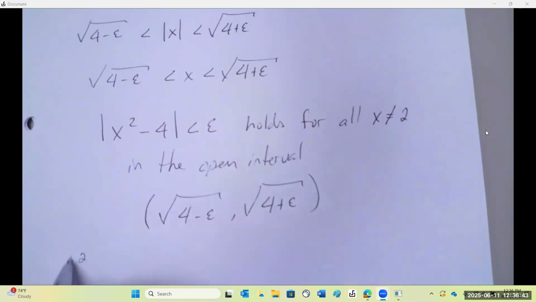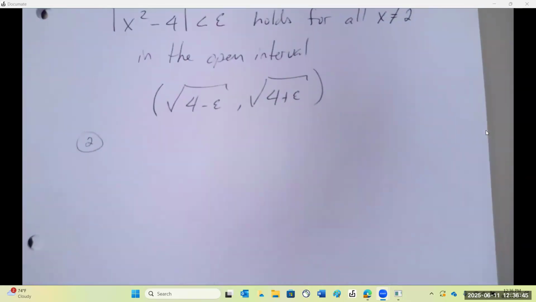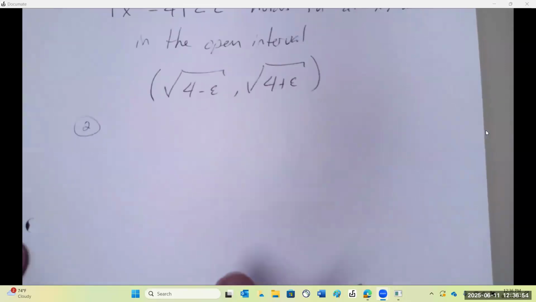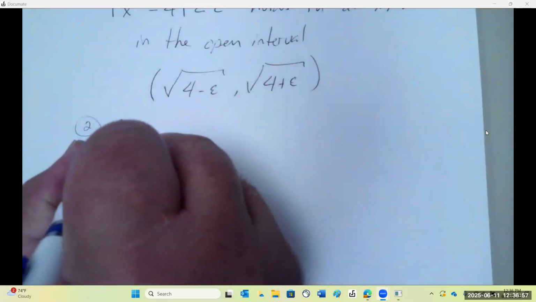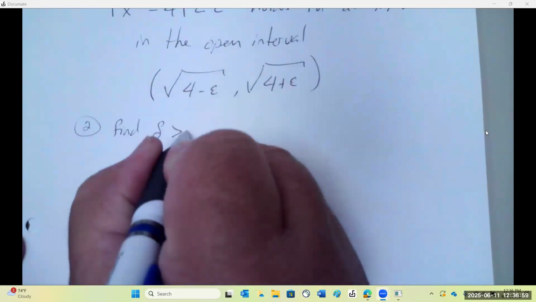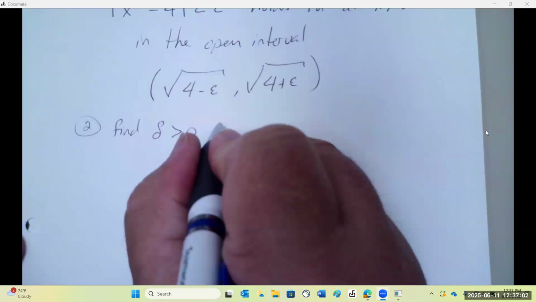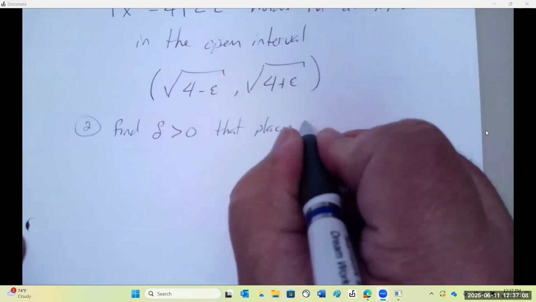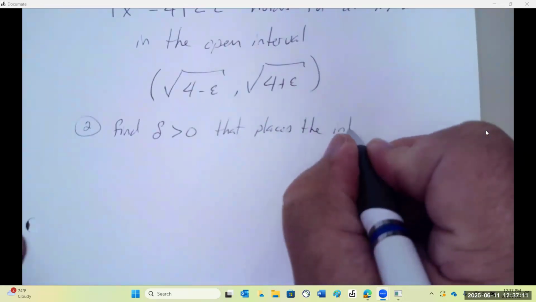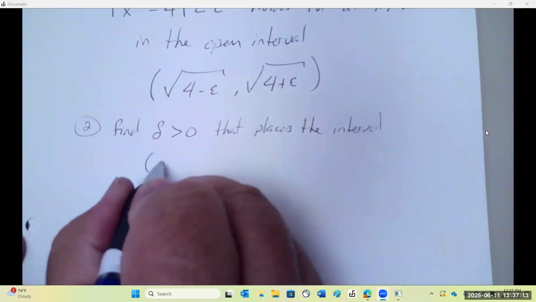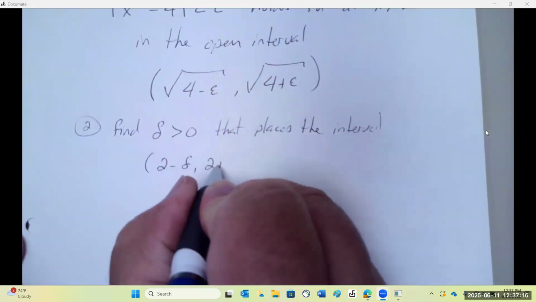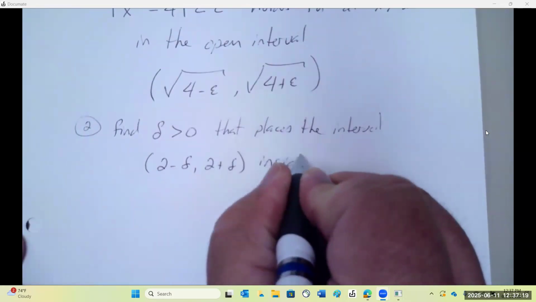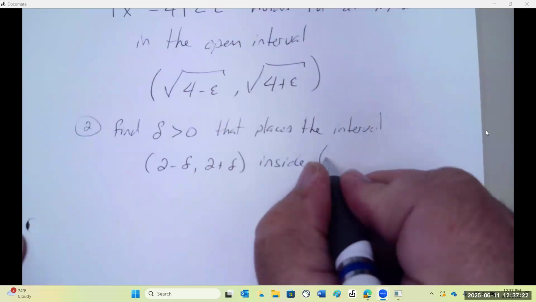What does step 2 tell us? Step 2 tells us we have to find the value of delta. Find a delta greater than 0 that places the interval 2 minus delta, 2 plus delta inside the bigger one.